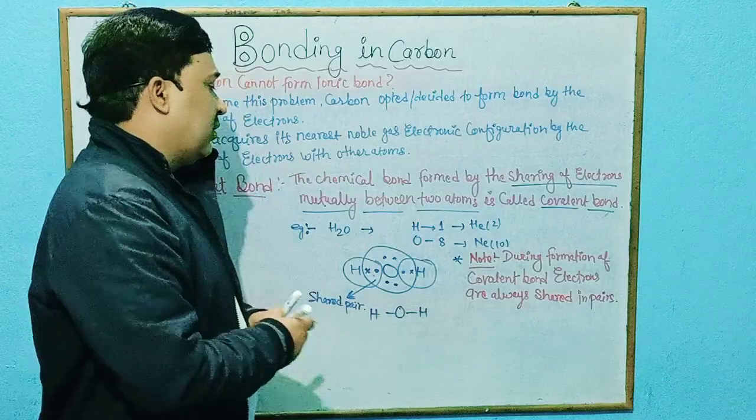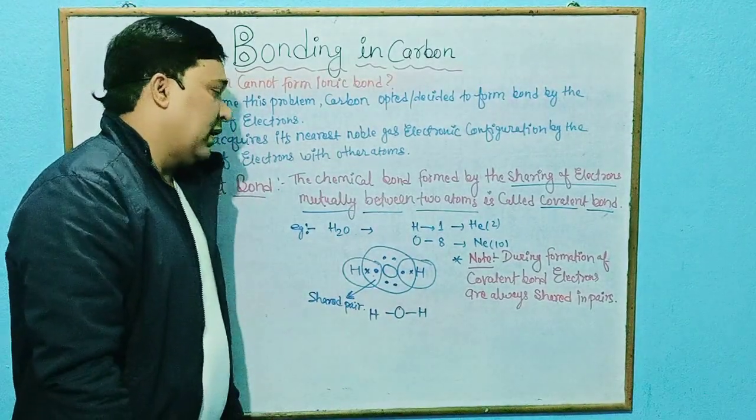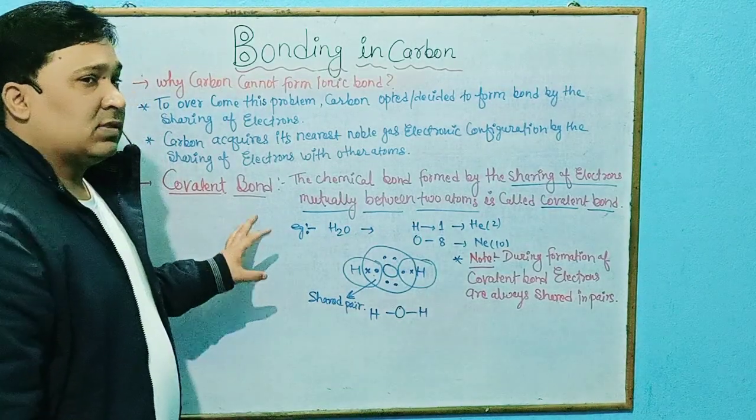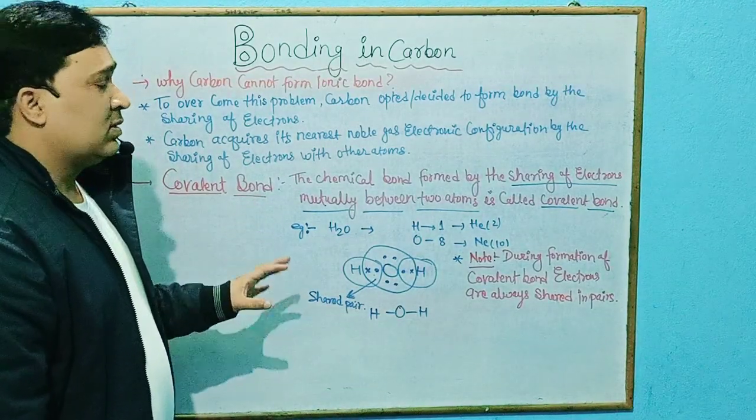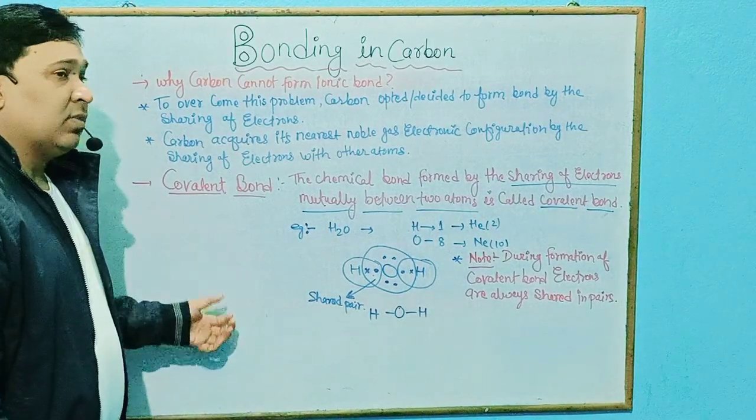So remember one thing, this pair of electrons is called the shared pair of electrons, right? So the covalent bond is a bond which is formed by the sharing of electrons. We'll take some more examples of the covalent bond.